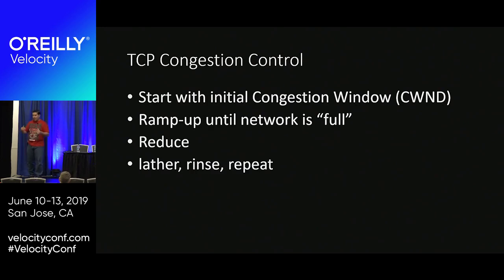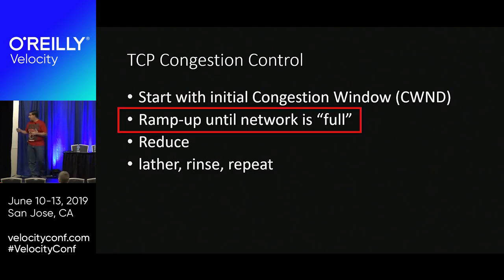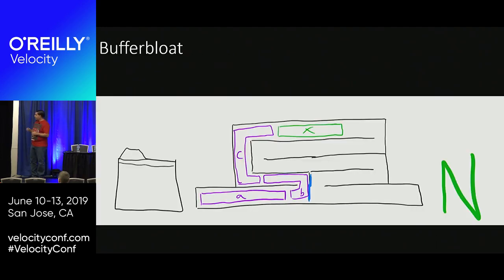And then it ramps it down from there. And it just keeps repeating that process to keep probing: okay, can it absorb more data now? Whoops, no. Okay, can it absorb more data now? Whoops, no. And that ramp up to the network is full is where buffer bloat comes into play.